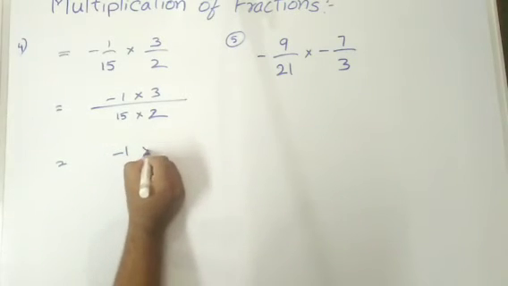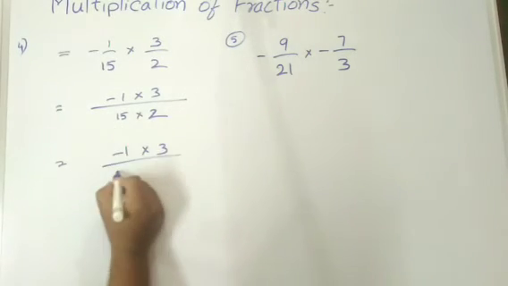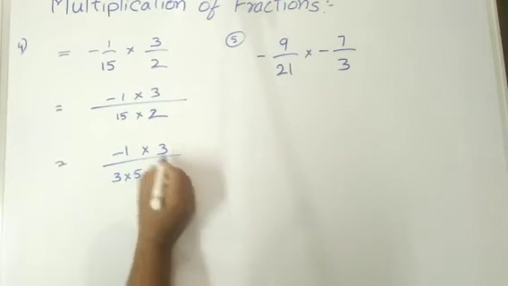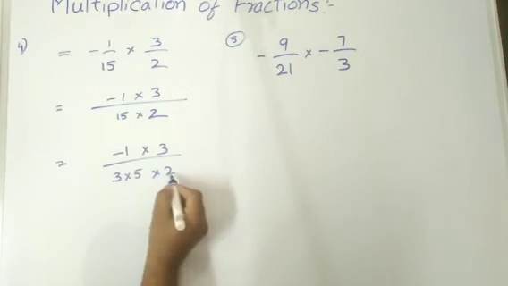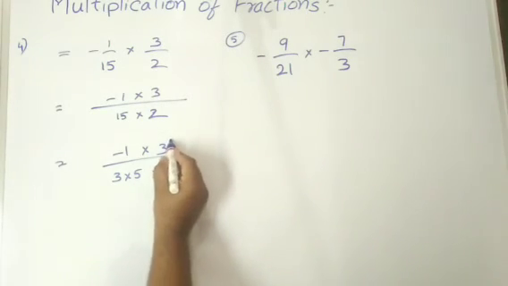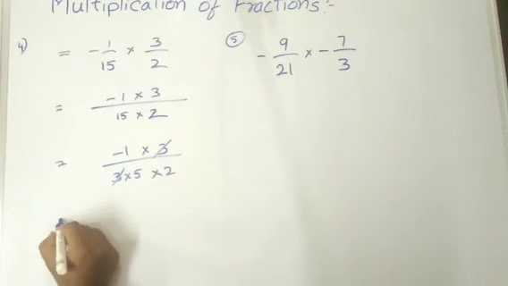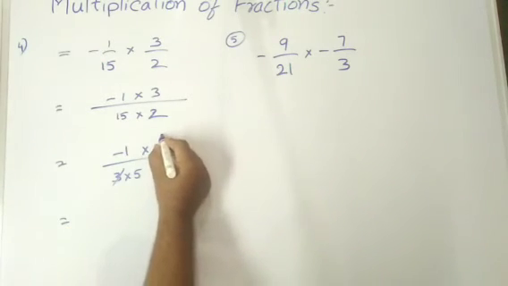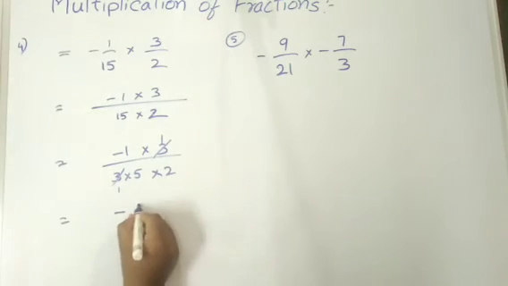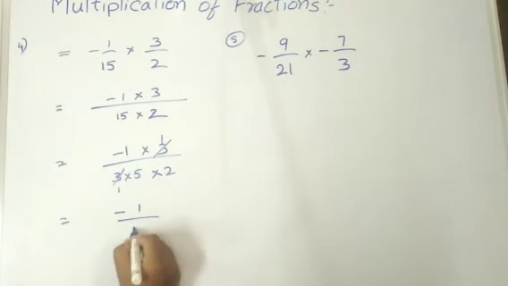In the denominator I am writing 15 as 3 into 5, 3 into 5 is 15, into 2. Is there any change? No, I am just taking the common. Now can I cut 3? Now the upside 3 cut means 1 is there. So 1 into 1 is minus 1 by 5 2s are 10.